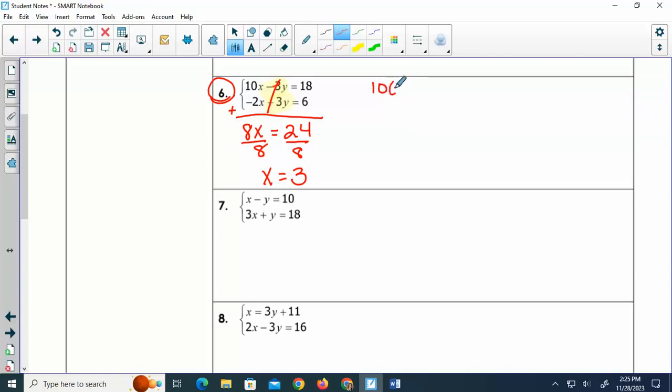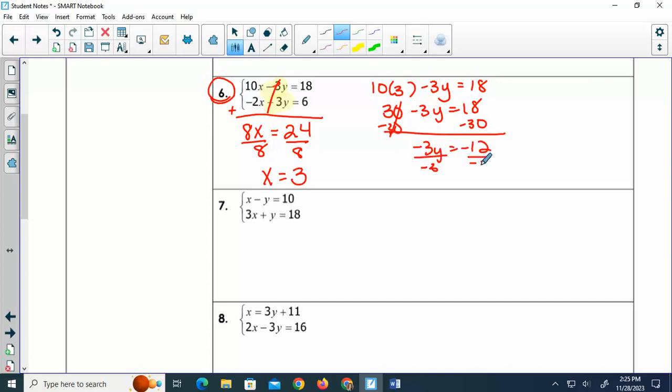Plug that into one of the equations. Negative 3y equals negative 12. Divide by negative 3. Y is 4. So the answer is 3, 4. Questions on that one?